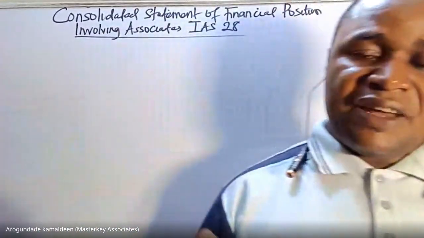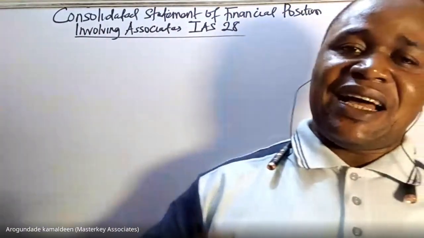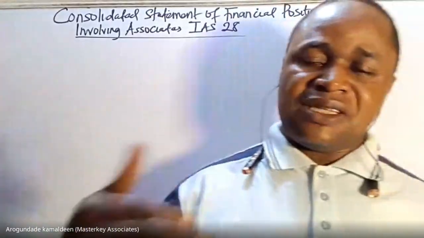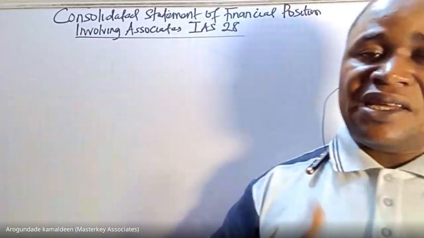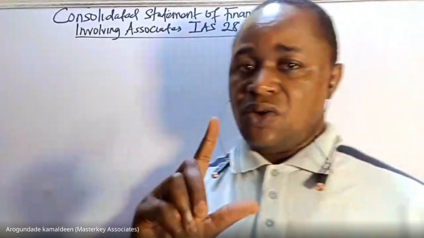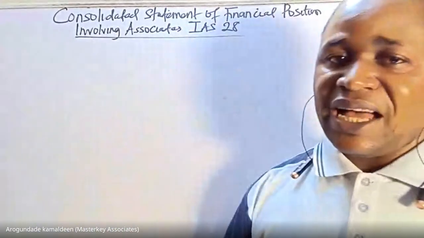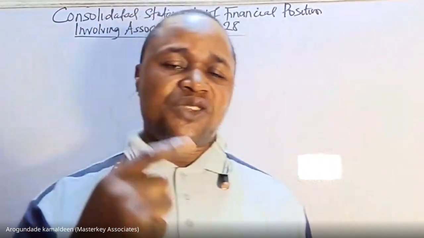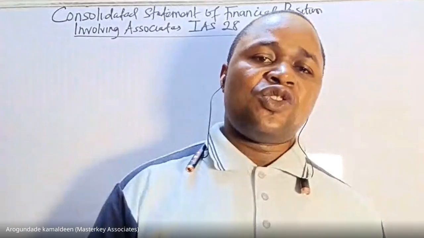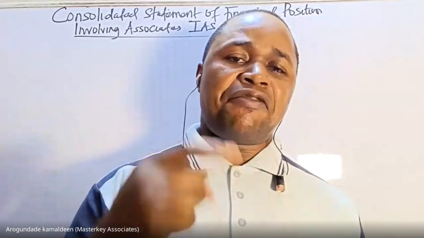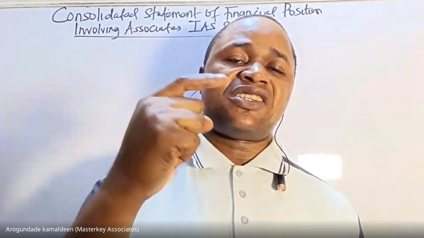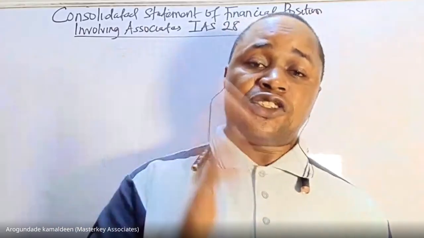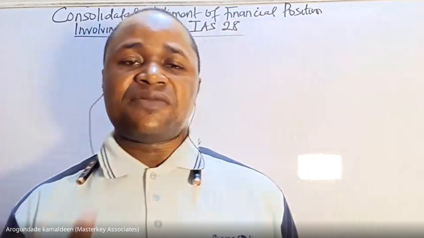There is a difference between investment in associate and subsidiary. Is that clear? Over a subsidiary, the parent company has control. You have control by virtue of the fact that you acquired more than 50% of the equity shares of the subsidiary. And what is the treatment?